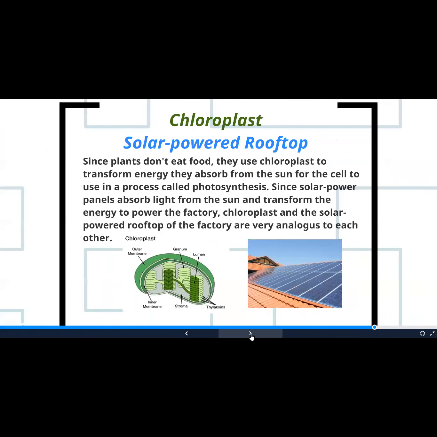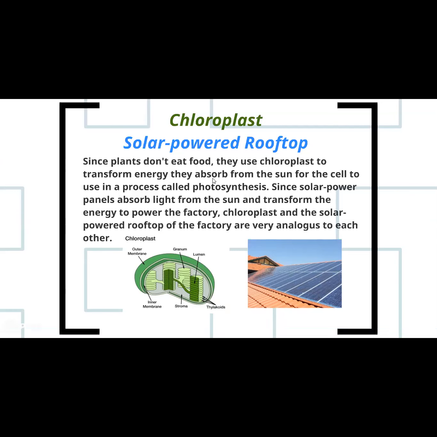And then we have the chloroplast, which in the factory is the solar powered rooftop. It's not only the rooftop, we have to put the solar powered, okay? Because the chloroplast, we could say, since plants don't eat food, they use the chloroplast to transform energy they absorb. So they're the ones who gather the energy and then transform it, okay?